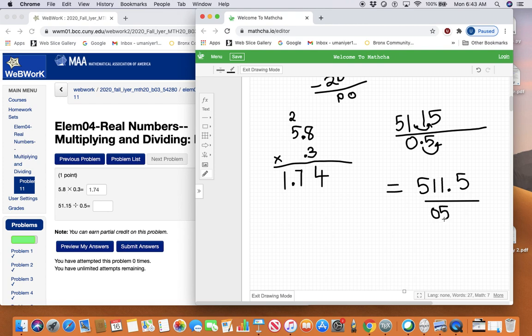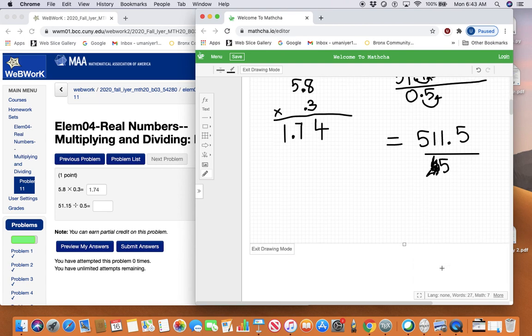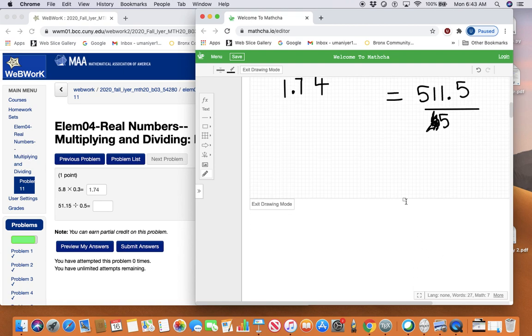You see, 0.5 is nothing but 5. Yeah, I don't need the 0. So I'm going to divide this decimal number by 5. So I can do it using long division. So 511.5, I'm dividing by 5.